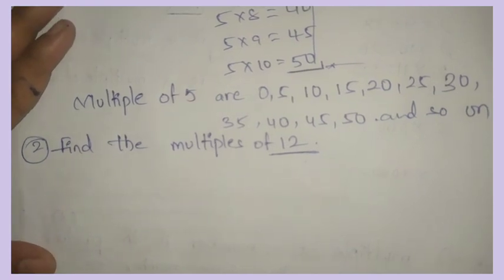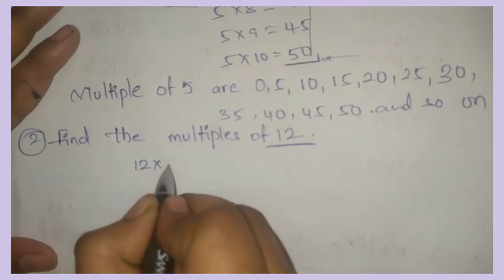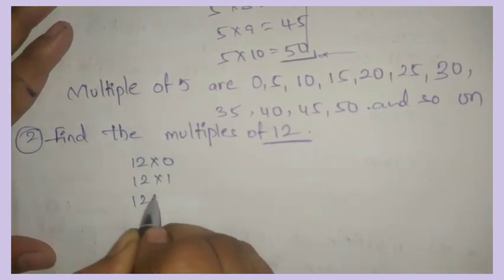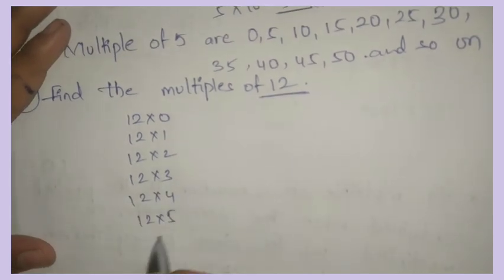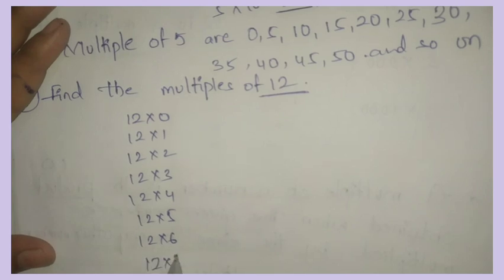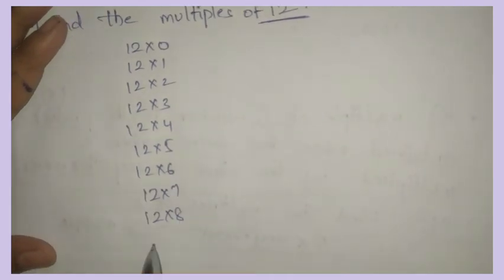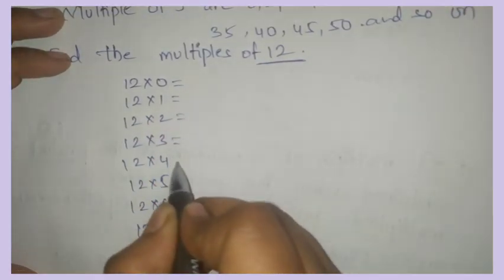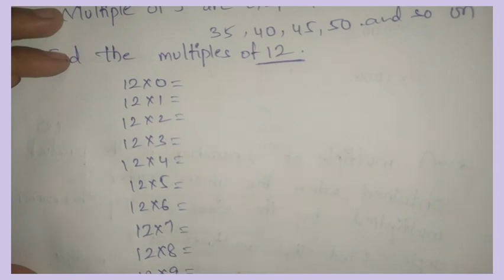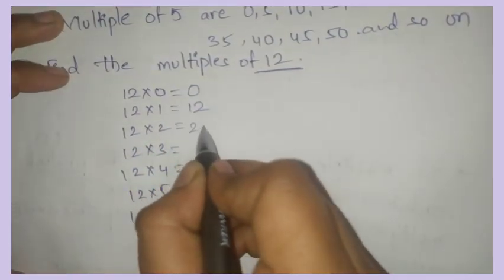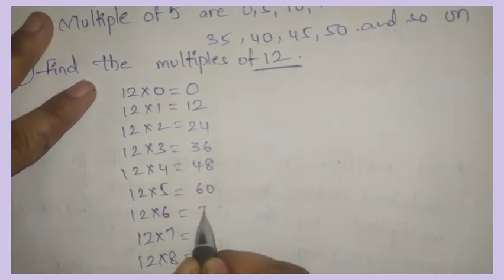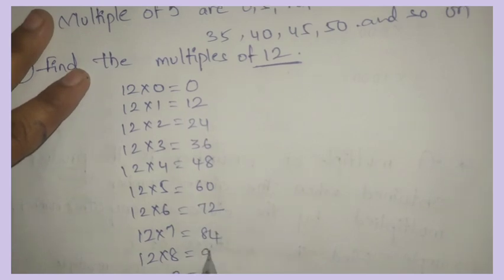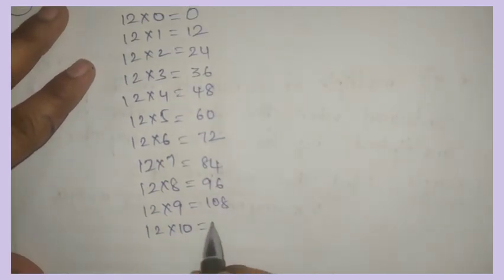When we multiply 12 by 0, 1, 2, 3, 4, 5, 6, 7, 8, 9, 10, we get 0, 12, 24, 36, 48, 60, 72, 84, 96, 108, 120.